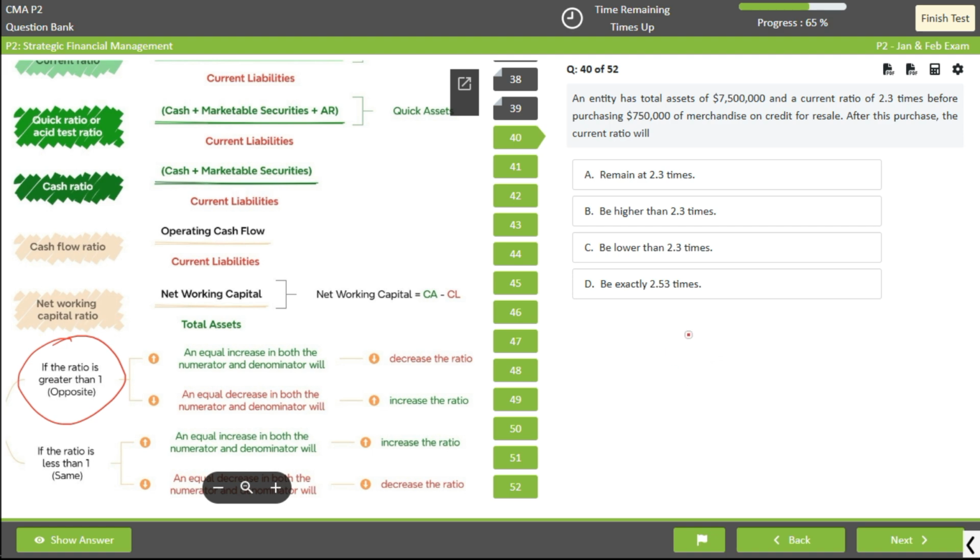So let us pass the journal entry. When you are purchasing merchandise on credit, what entry do you pass? You are going to debit your inventory account, and you are going to credit accounts payable by 750,000.